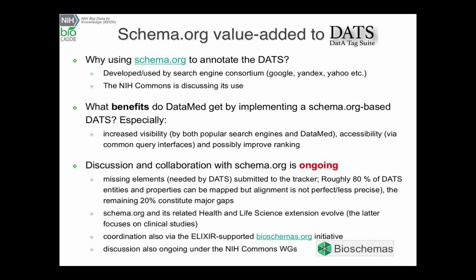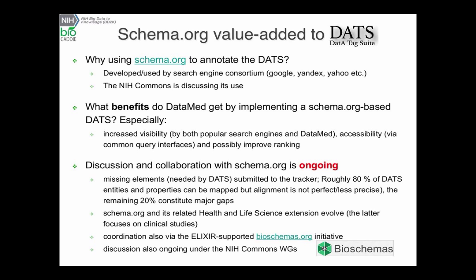But we're also working at the same time with another initiative that Jeff earlier mentioned, which is called bioschemas, which is also part of the Elixir activity, a group of people working in the life sciences and trying to extend schema.org into a certain area for life sciences, because as I say, schema.org is not complete, it doesn't have all that you need.